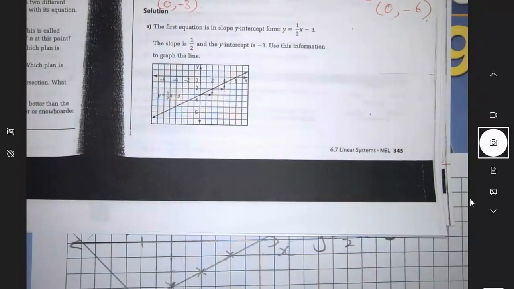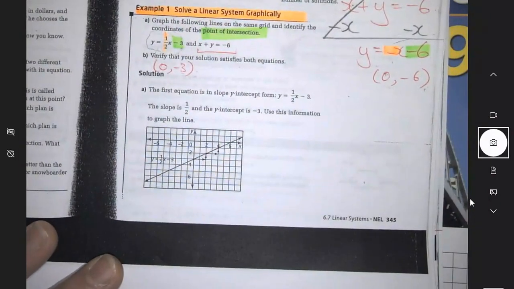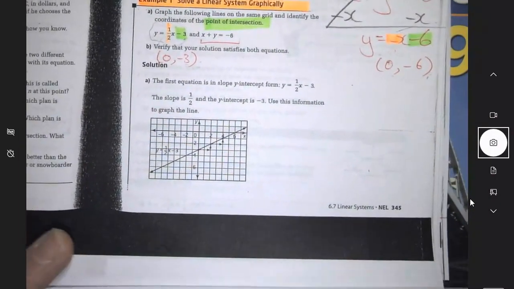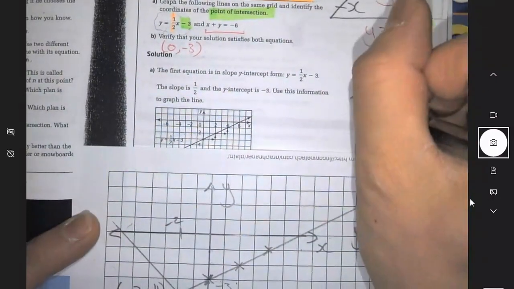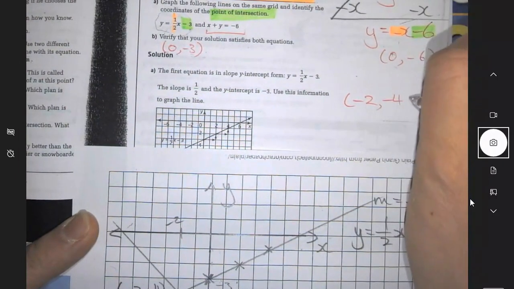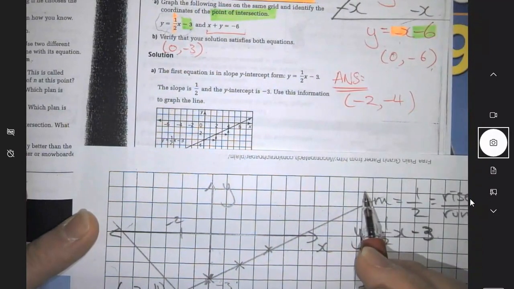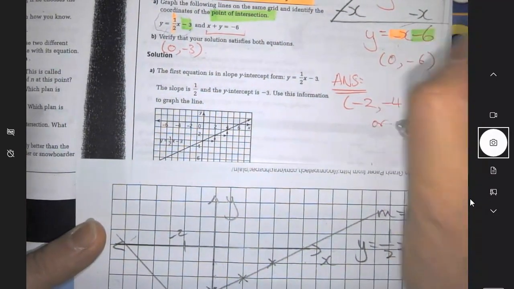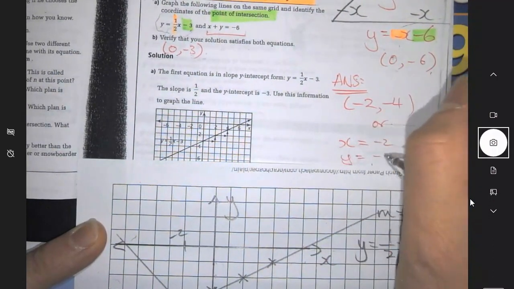Because you are solving this system by graphing, you will need to write down both answers. The answer is (-2, -4), or x equals -2, y equals -4.